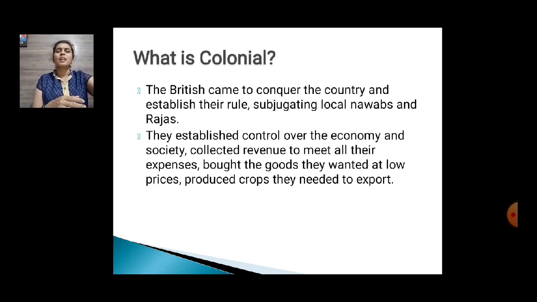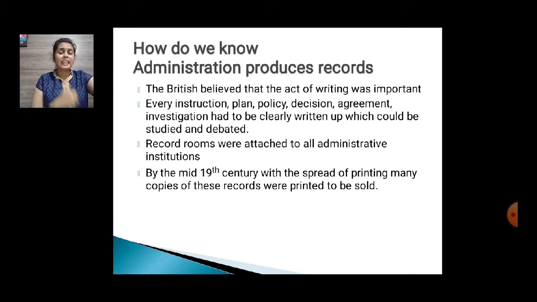So these are all the things that we are going to study in detail in the coming chapters also. Next one, how do we know administration produces records? The British believed that the act of writing was very important, means everything should be noted down somewhere. That was their belief.